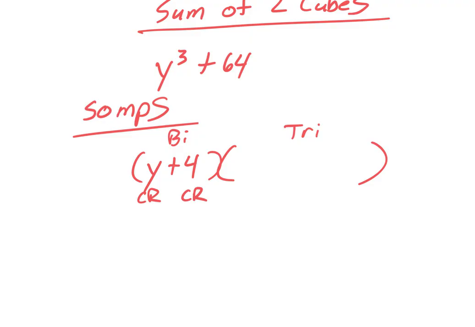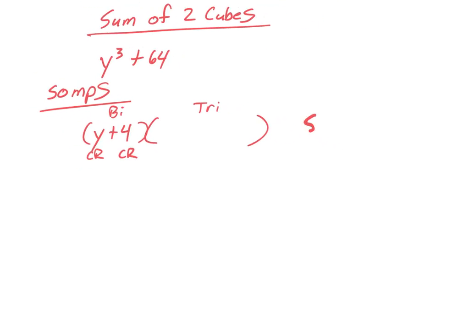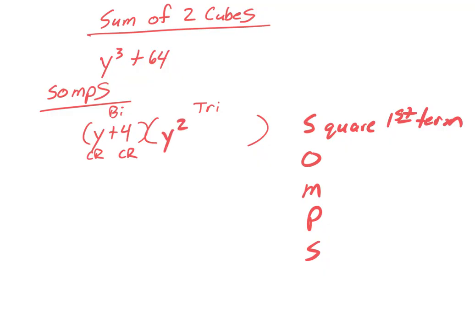My trinomial, this is where the SOMPS comes into play. The first S says we're going to square the first term. The first term is y, so we're going to square y, and we get y squared. O stands for the opposite sign.